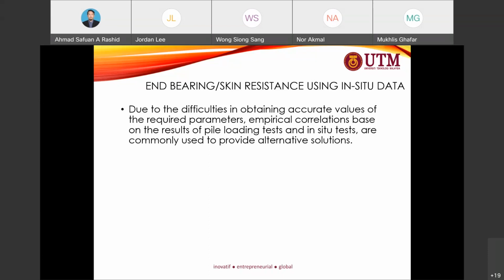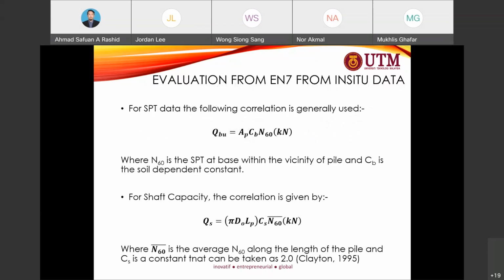I guess similar with the SPT and also CPT. For the pile, to get the value for the end bearing, we can use the corrected N value from the SPT, and also for the shaft, we can use the corrected N value from the SPT.